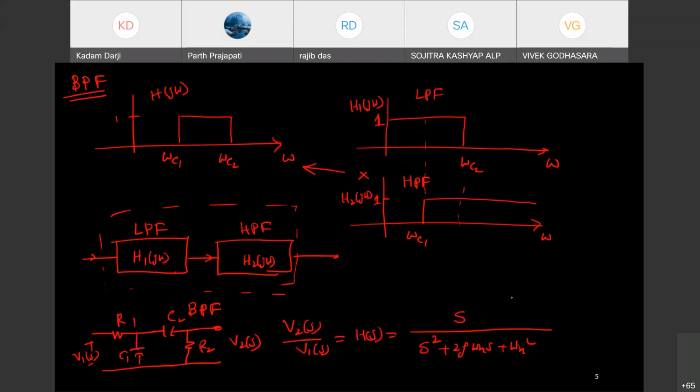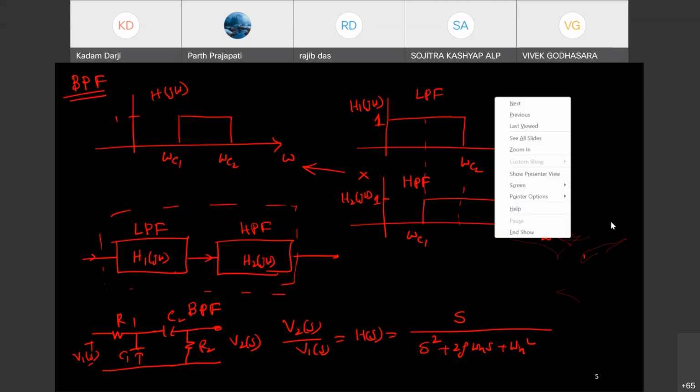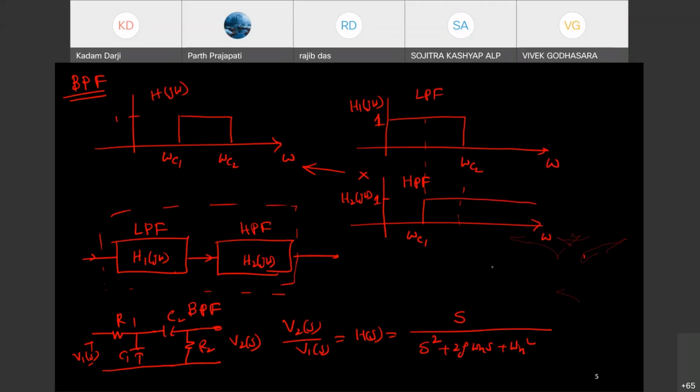Two poles on the left hand side and one zero at the origin. That will give you a band pass filter.